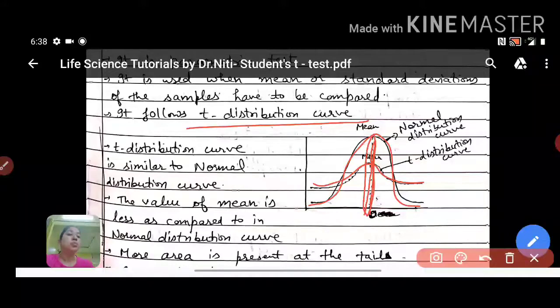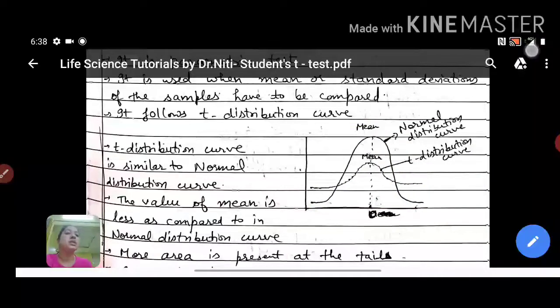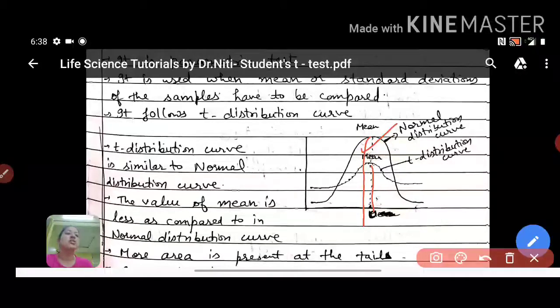And one more thing, in the case of the t-distribution curve, the peak is lower as compared to the normal distribution curve. The shape of both curves is the same, but the peak is lower in the t-distribution curve. And in the t-distribution curve, the area at the tails is more as compared to the normal distribution curve.